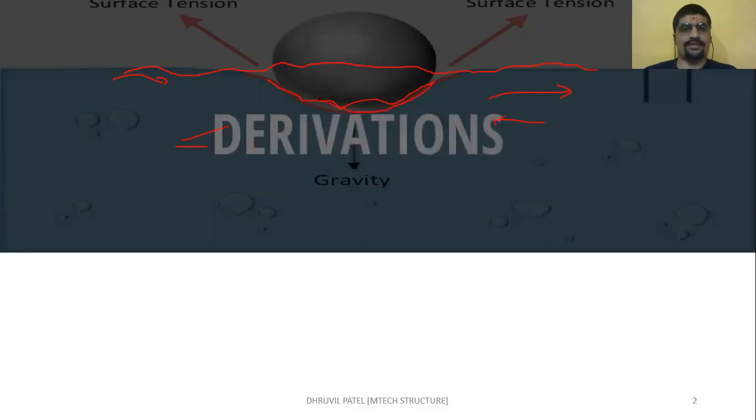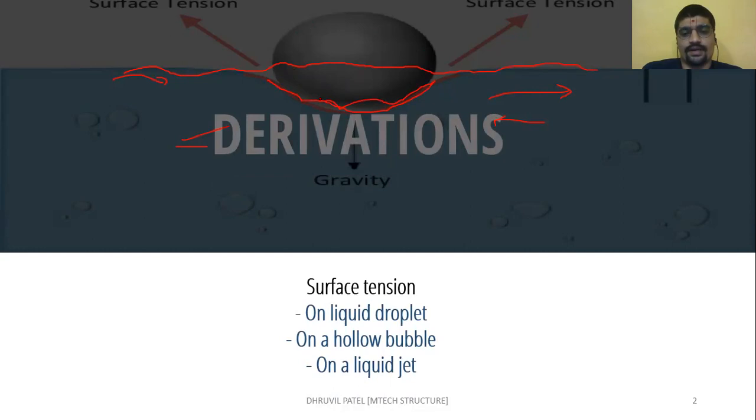Okay, so we are going to study the derivation. Which type of derivation on surface tension? Surface tension on a liquid droplet. Liquid droplet means a rain droplet or a droplet from a water body, like when we are in the bathroom and we suddenly open the shower, the water drops come from it.